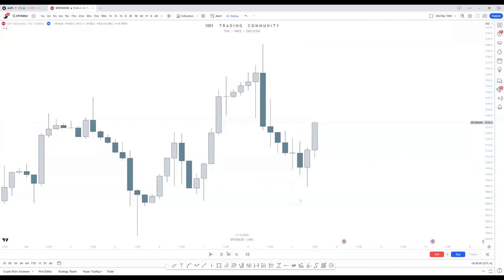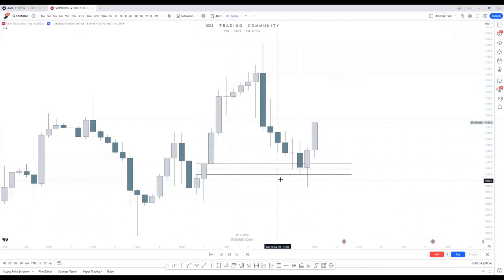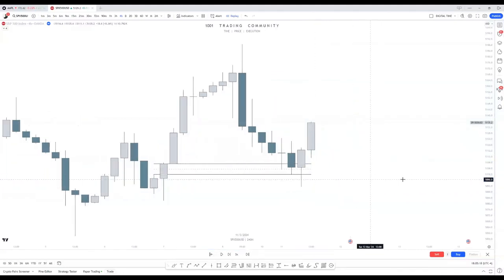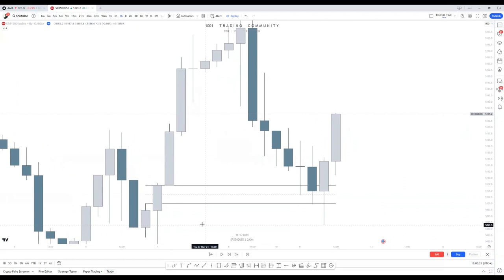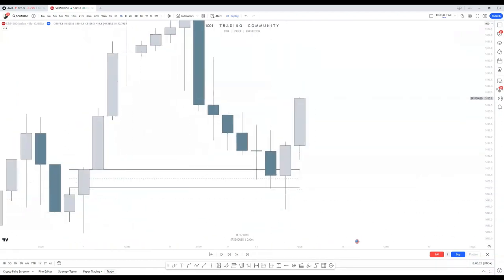Now, we know we're in discount, so let's look for a PD array. There's a 4-hour BISI right here. Great. We can probably look for a high probable turtle soup here based off this PD array. So anywhere in this PD array, we're going to look for a possible long.